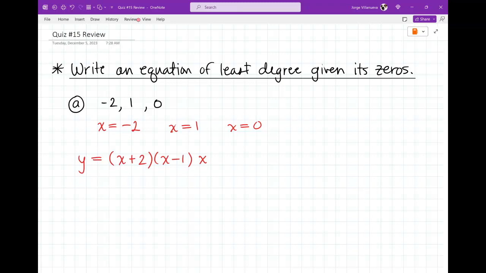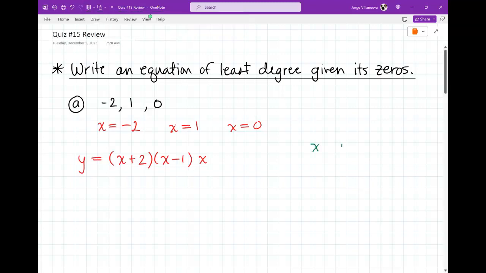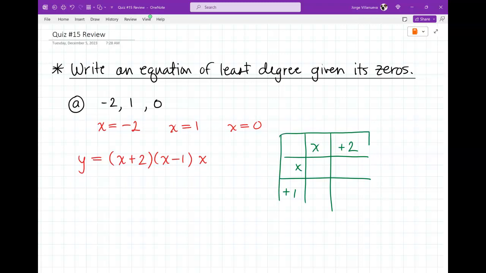So let's go ahead and multiply everything out. I'm going to do this just for the sake of it, using the box method for those of you that like to use the box method. If you don't like to use the box method, go ahead and distribute while I'm doing this. So according to the box method, x times x is x squared. 2 times x is a positive 2x. x times positive 1 is a positive x.